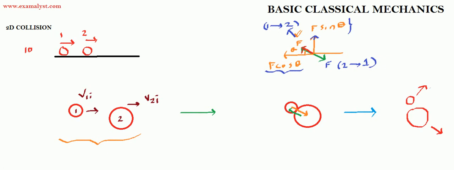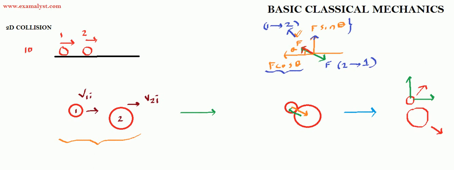When you see the final result of ball number 1, you see that ball number 1 is not only moving forward but is also moving upward. Initially ball number 1 here was only moving in a straight line. It was not moving upward. But now ball number 1 is moving not only forward but also upward. This is the result of this force that acts in an oblique direction.